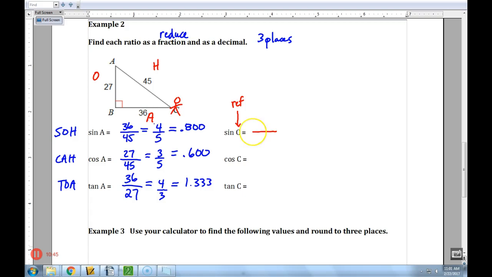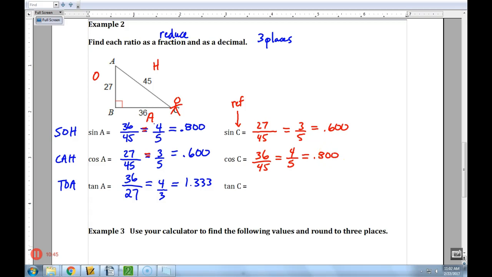So the sine of C should be opposite over hypotenuse, 27 over 45. But wait a minute, we've already done that. That's the same as this one. So I'm just going to copy that down. 3/5, 0.600. The cosine is adjacent over hypotenuse, which we already did up here. That's 4 over 5, which is 0.800.